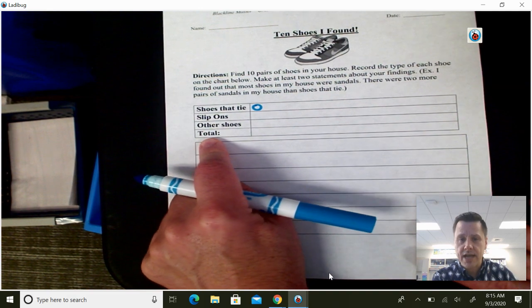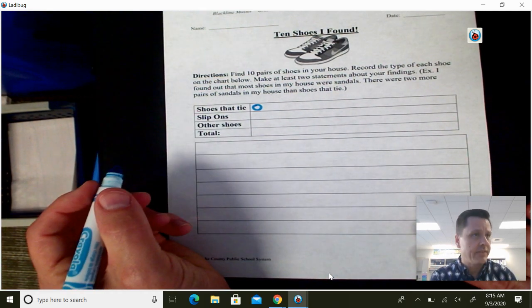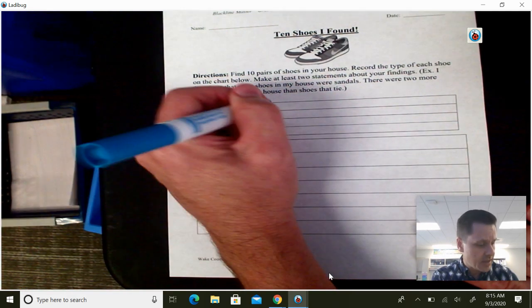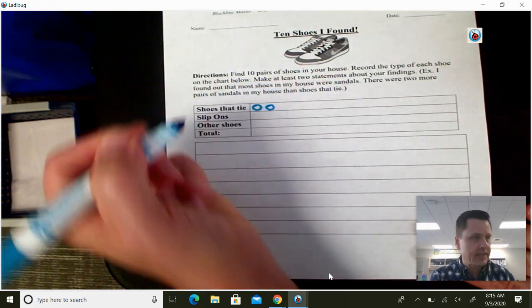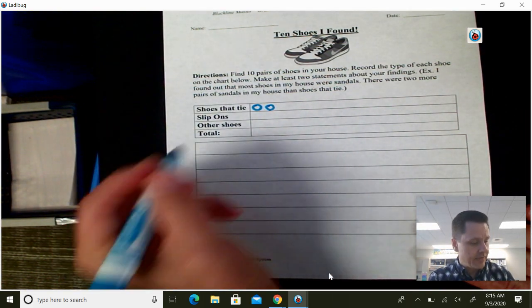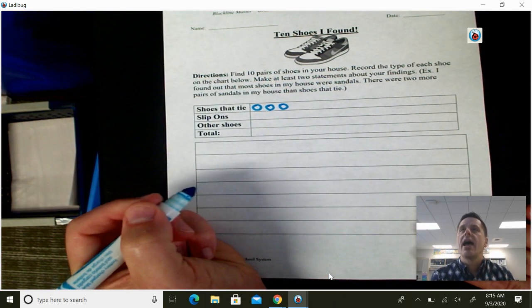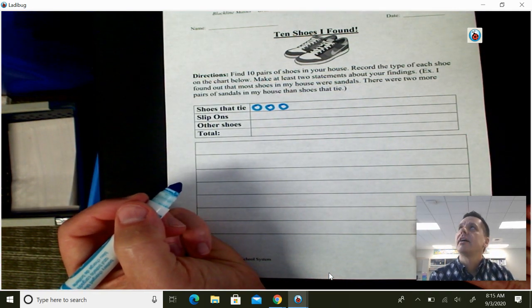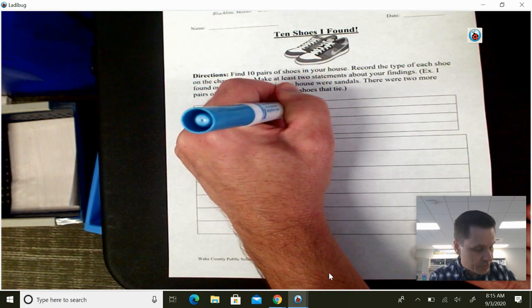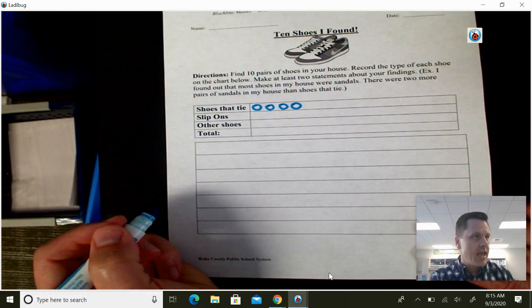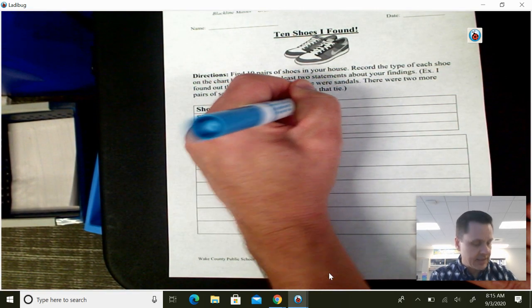So I'm going to pretend that I walked around my house, and let's see, I have my gym shoes, I have my dress shoes that lace up, I have a pair of boat shoes that lace up, and I have another pair of gym shoes, my Nikes, and I have my winter boots. They lace up.